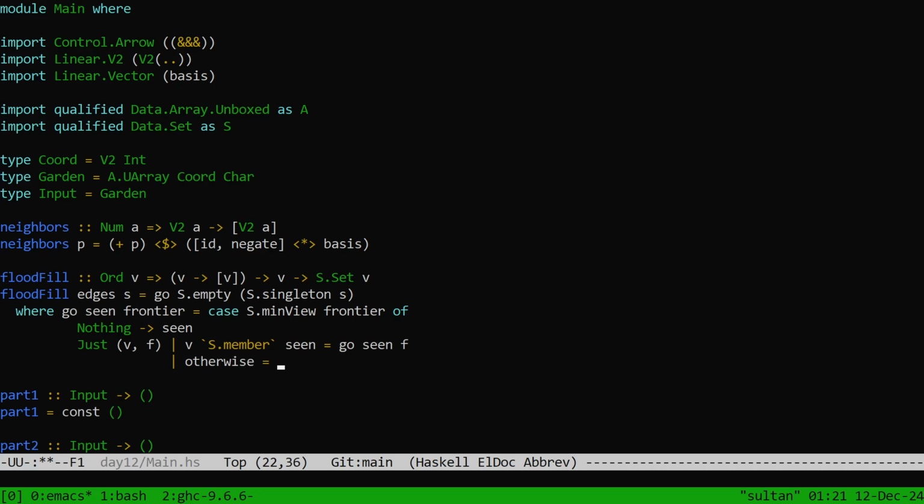Otherwise, it's go of S.insert V seen. We are exploring this node now, and also S.fromList edges V. Let's actually do this in the other order. F plus all the edges.